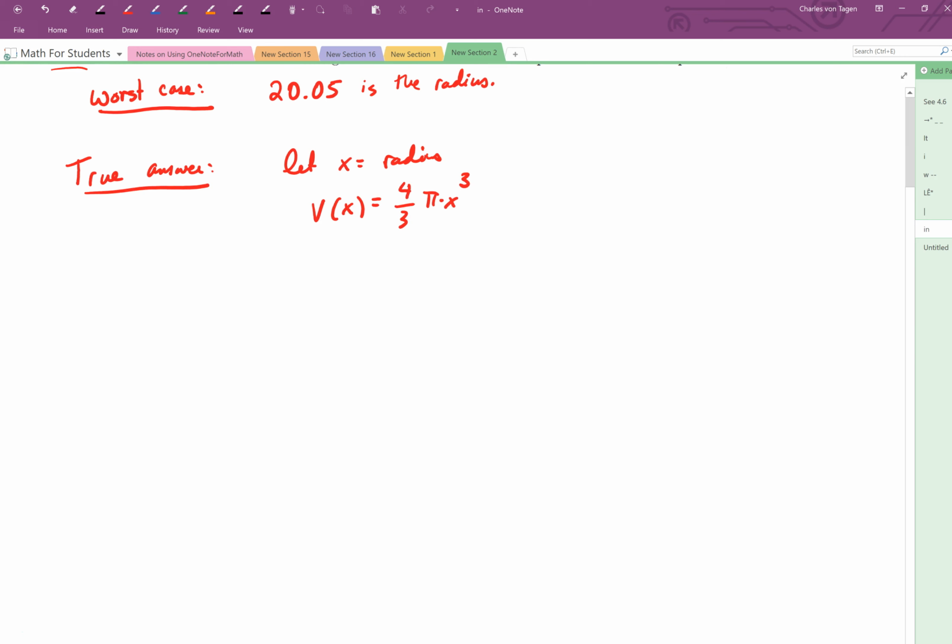So the true answer, the maximum error, is V of 20.05 minus V of 20. We would calculate the volume of the sphere when x is 20.05, calculate the volume when x is 20, and look at the difference between the two. But personally, I don't want to plug 20.05 into this function, especially because of that cubing operation.